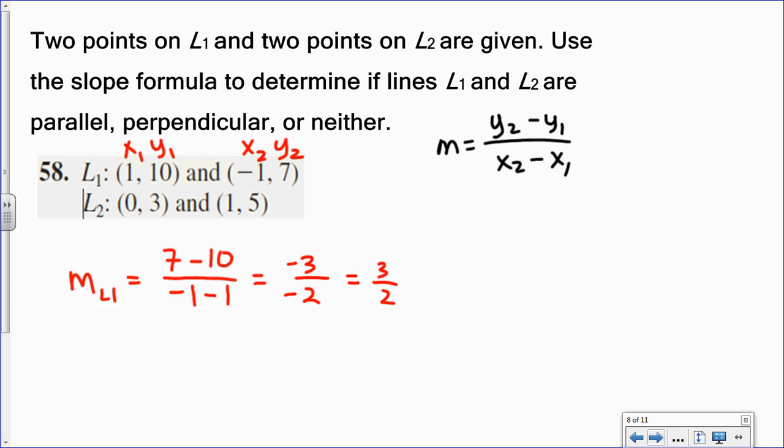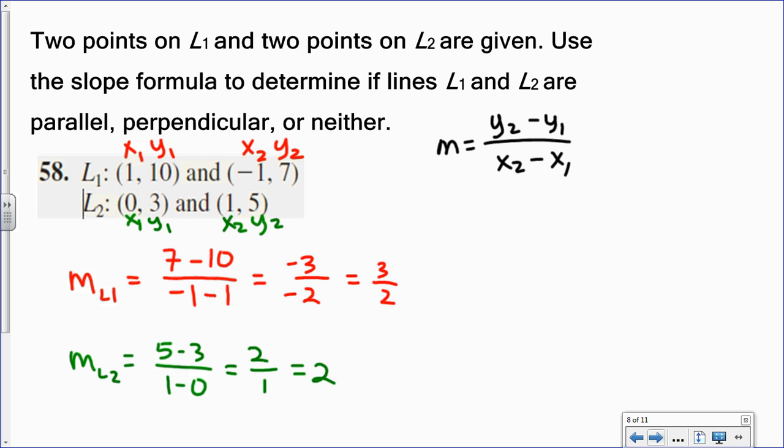Okay, same thing. Let's find the slope of line 2. So here's my first point. Here's my second point. So 5 minus 3 over 1 minus 0. Okay, 2 over 1 is 2.